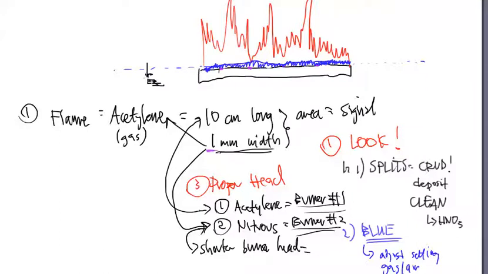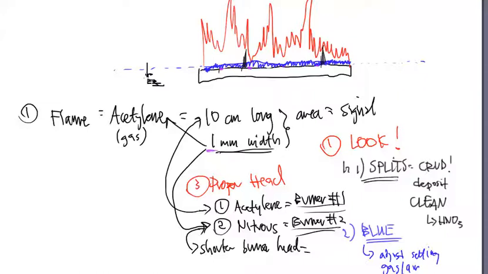So, before you run samples at all, again, you have to look. You have to take the necessary steps. Number 1, do you see splitting that's happening in the flame? If so, you've got to fix that before you go on and run samples. You don't want the flame to split and have dark areas here that no sample is coming from due to some kind of clog that's happening in the burner head itself.